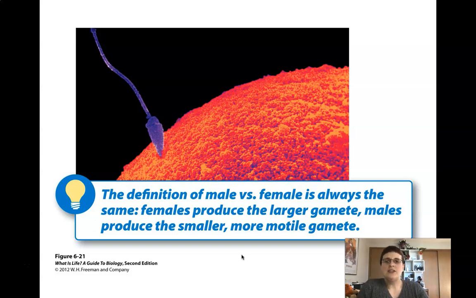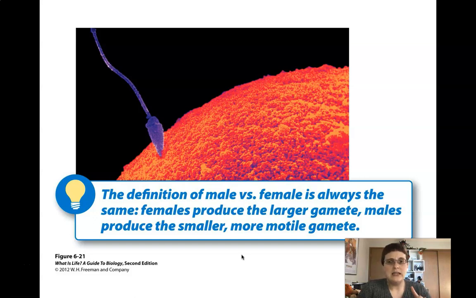So the definition of a male versus female is always the same. Females produce the larger gamete, and males produce the smaller, more motile or mobile gamete. So, yeah, we can look in humans and say, well, I can tell male from female.